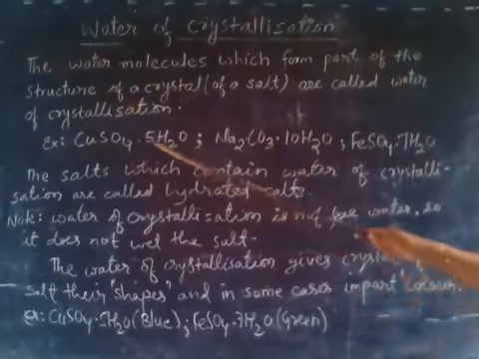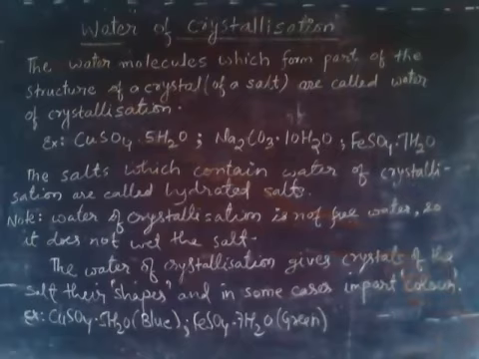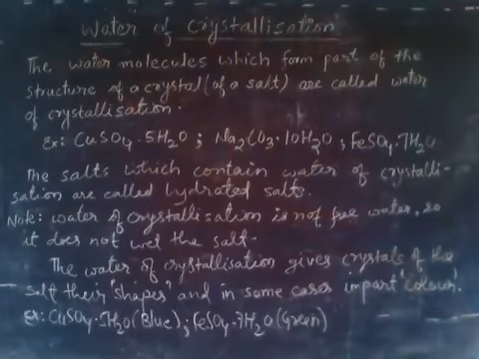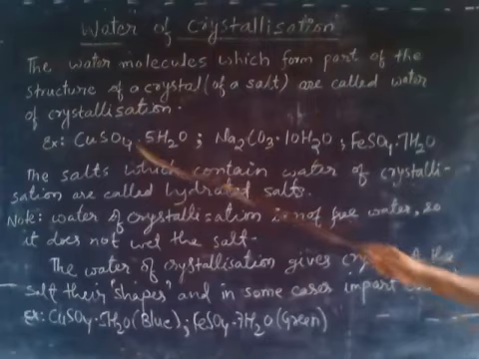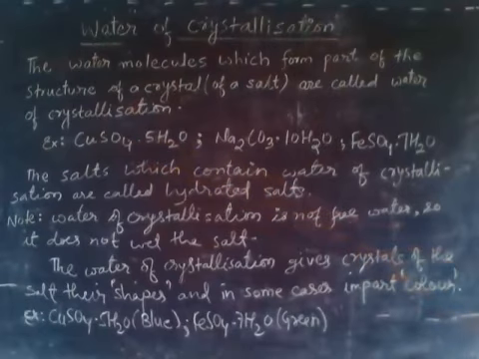It is termed as penta. 5 means penta. You have seen in mathematics also mono, di, tri, tetra, penta, hexa, hepta, octa, nona, deca. Similarly here also we are using the same terms. So copper sulfate pentahydrate. For water molecule we say hydrate.